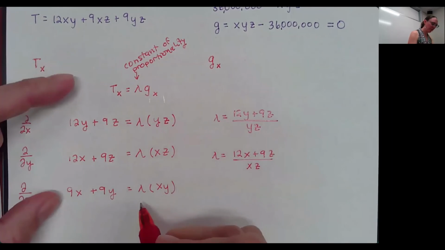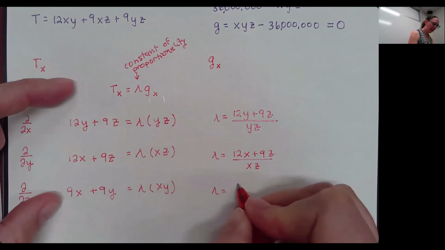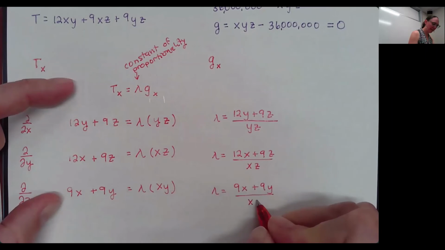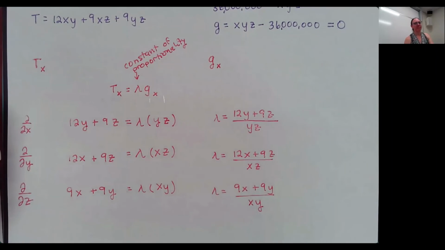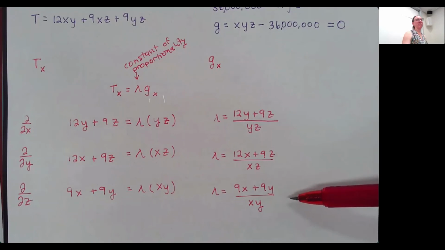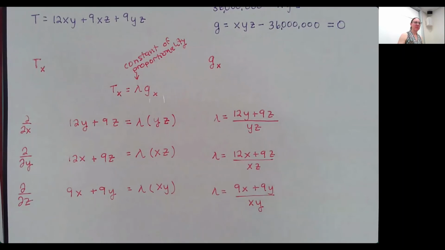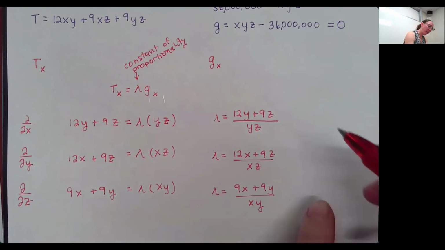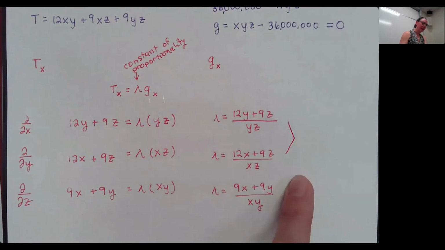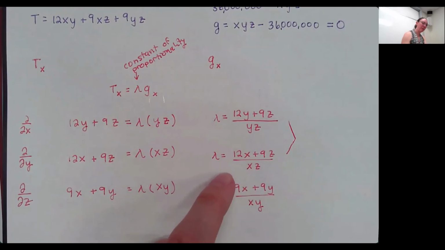The bottom equation becomes 9x plus 9y over xy. And now because each of these is equal to lambda, I compare them. If I pair the top two equations up, they're both equal to lambda, so I can set them equal to each other.